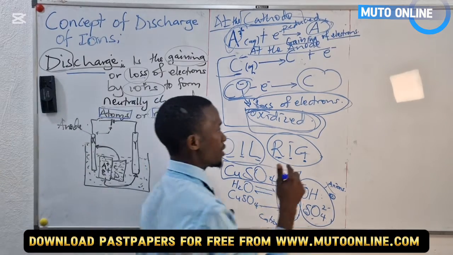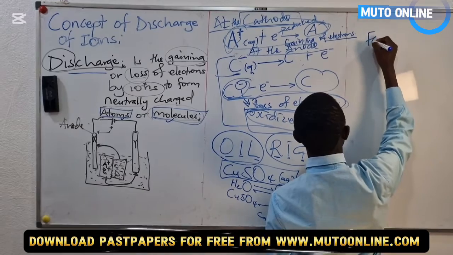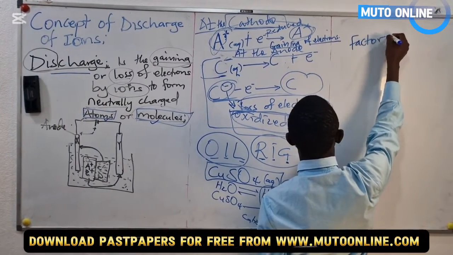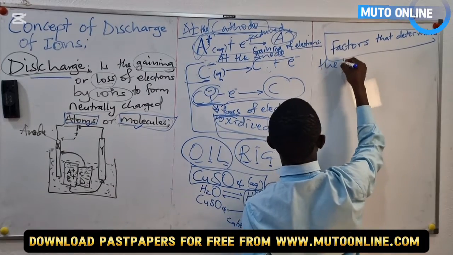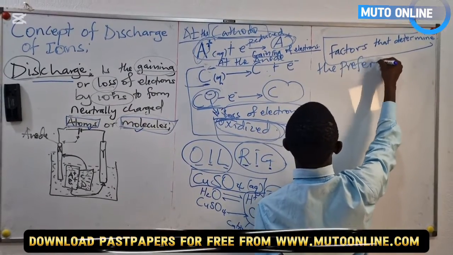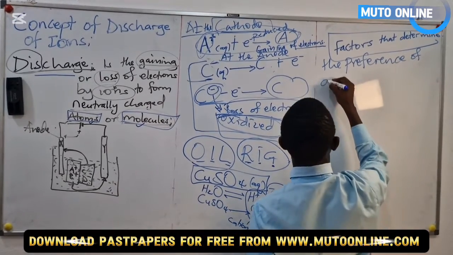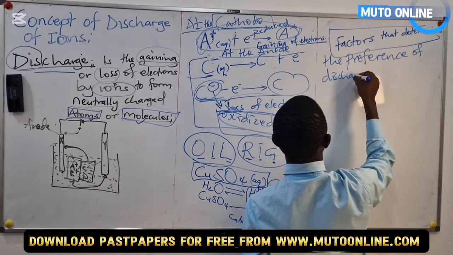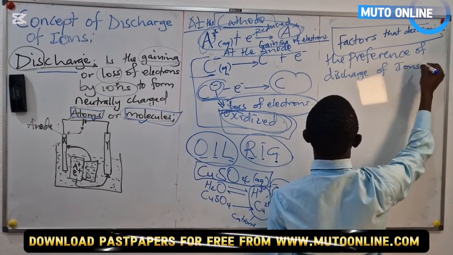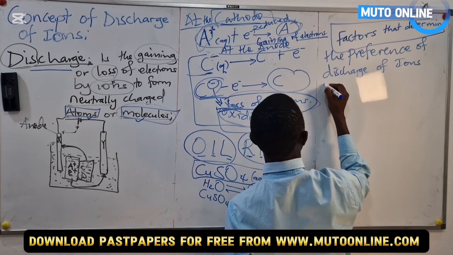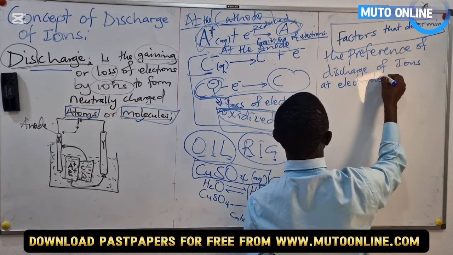And the choice or the preference of the discharge depends on the following factors. So we have what we call the preference of discharge of ions and electrons.